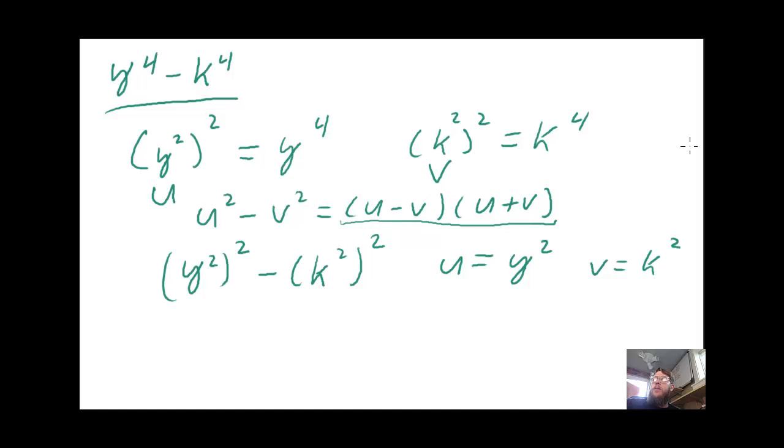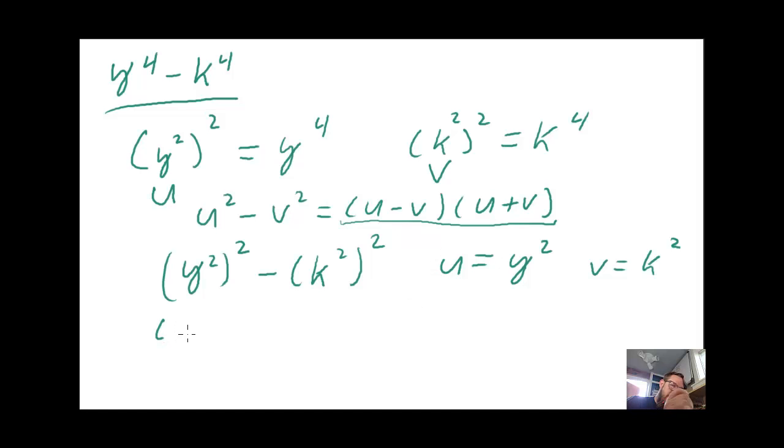Next step is we need to continue on factoring, right? So we've rewritten this, and now we're going to take advantage of the right-hand side of this equation. So here we're going to rewrite this as u minus v times u plus v.